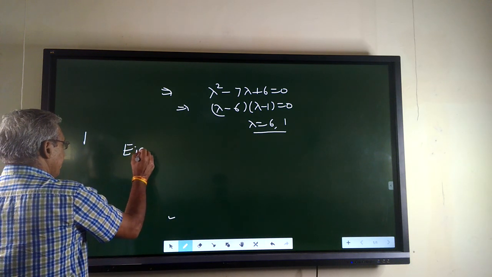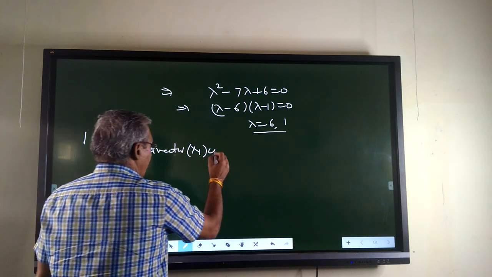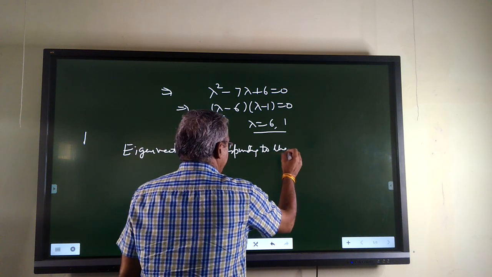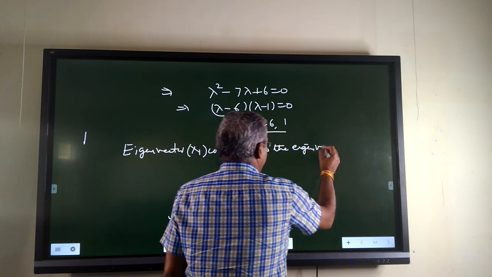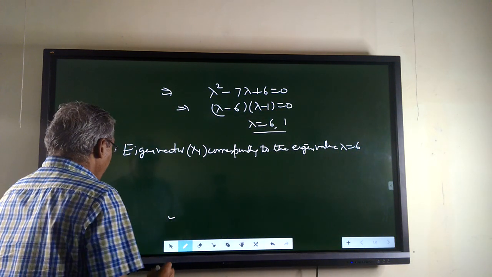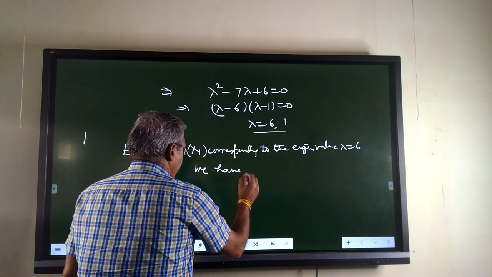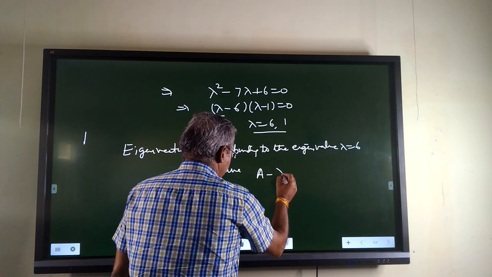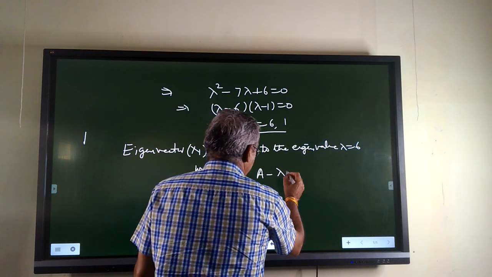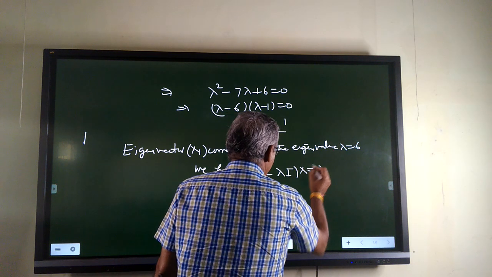So eigenvector, suppose it is x1, corresponding to the eigenvalue lambda equal to 6. To evaluate the eigenvector, we have A minus lambda I x equals to 0.